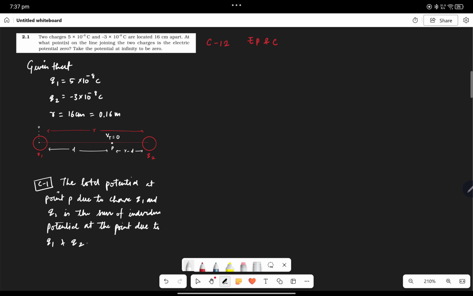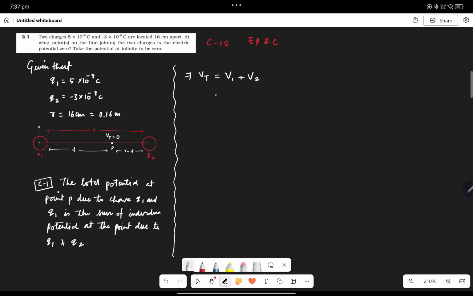This is going to be your statement. Now by using this statement, you can write the equation. That equation is V total is going to be V1 plus V2.